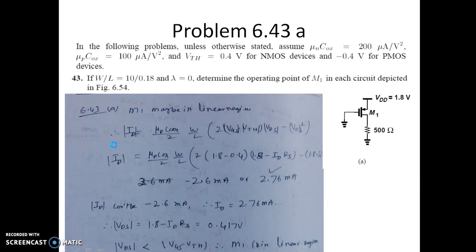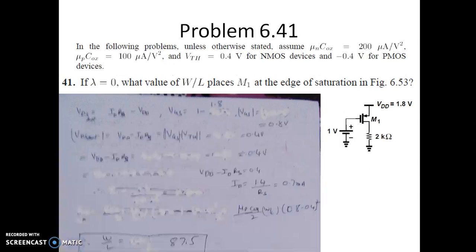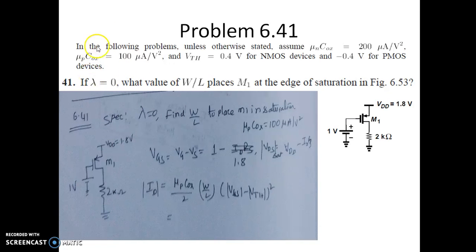We know that the supply voltage is 1.8 volts. So when the supply voltage is 1.8 volts and the voltage to be maintained across drain and source is 0.4, that is 1.8 minus 0.4 to keep the MOSFET in saturation. The remaining voltage is 1.4.